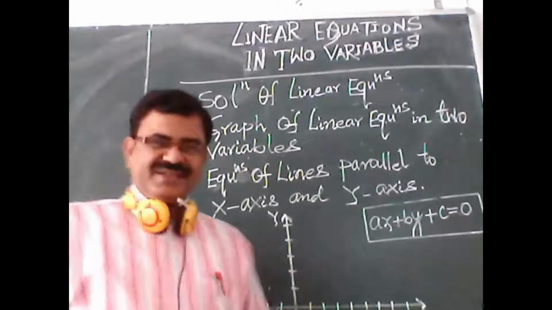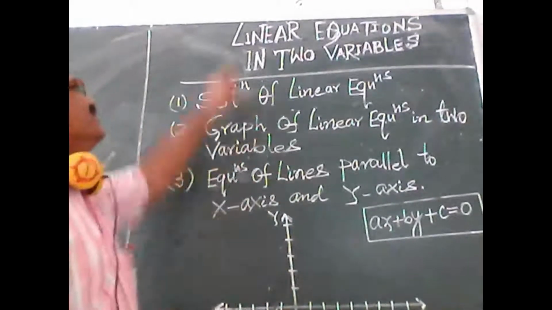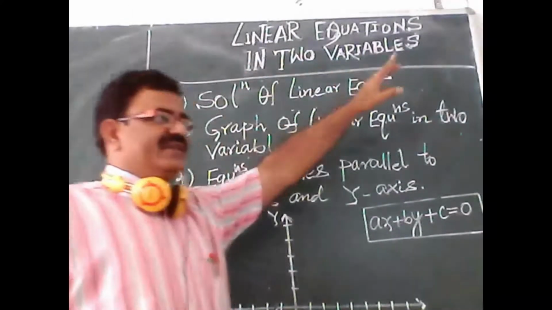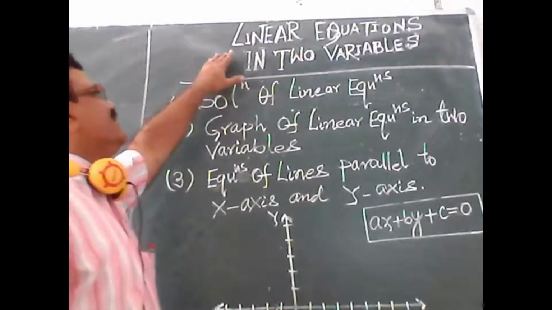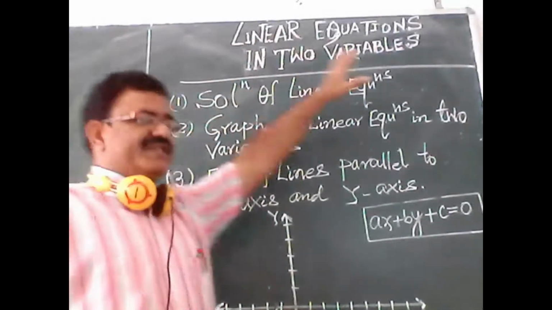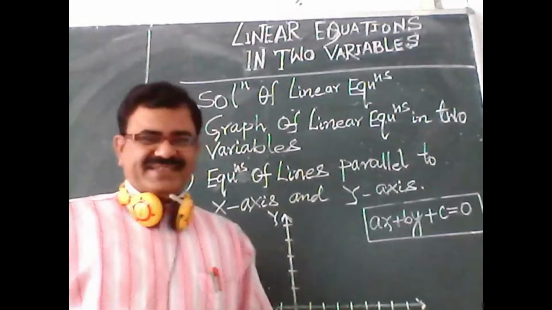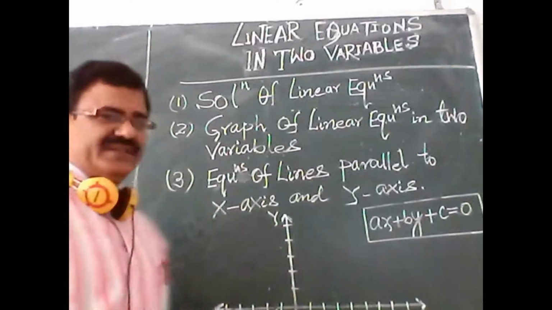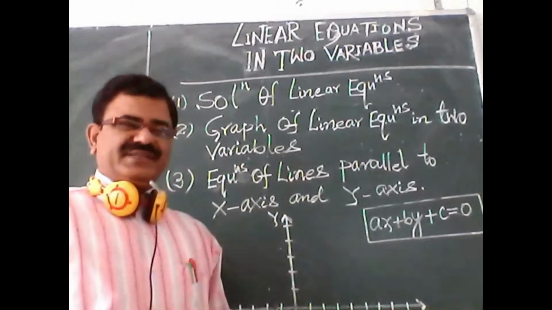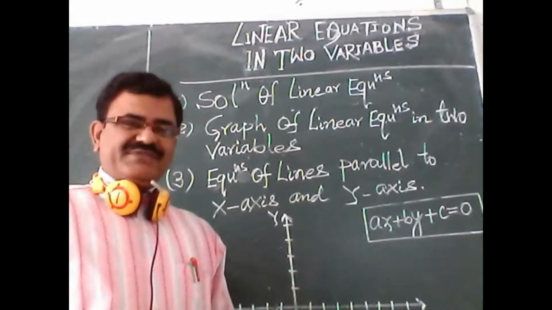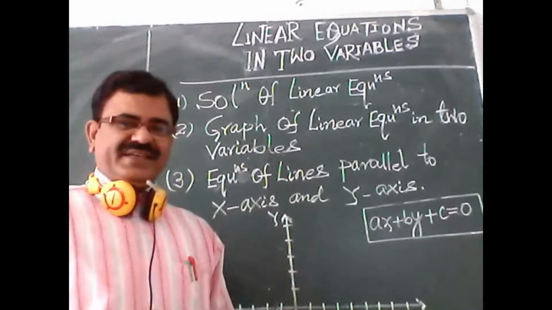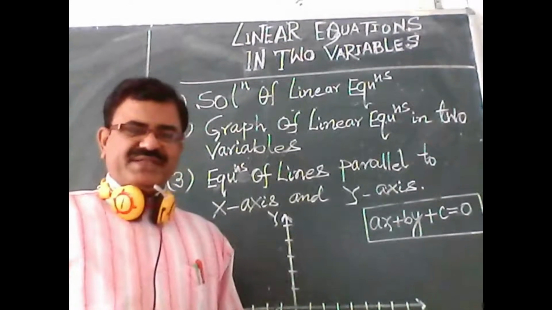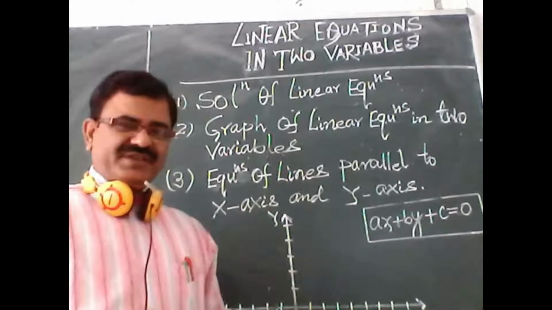Students, today we are going to study linear equations in two variables. First of all, you see linear equations. In earlier classes we have already studied equations. An equation is a specific condition of equality in an expression. Any expression which has a specific condition of equality is called an equation.